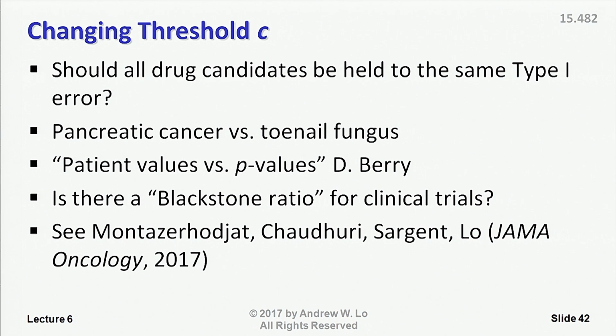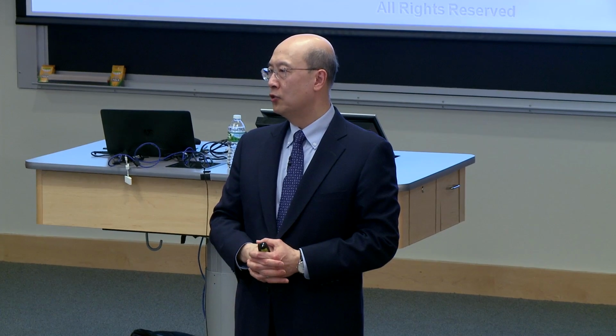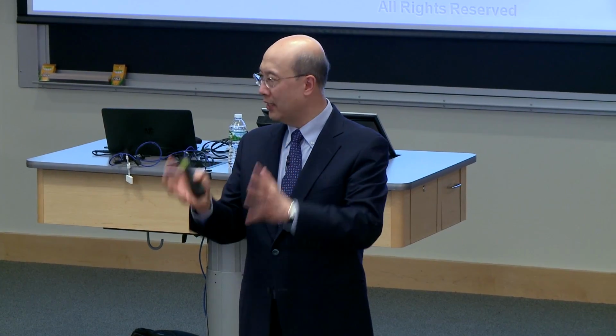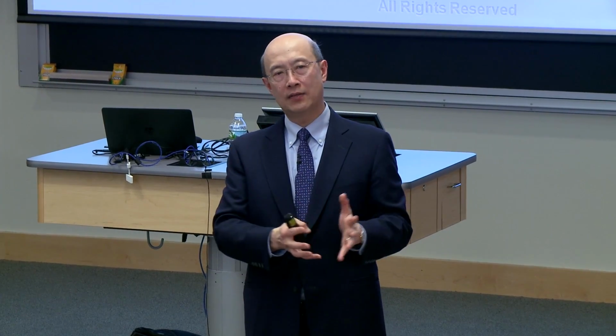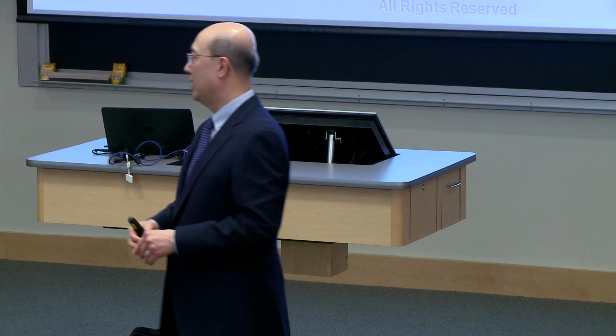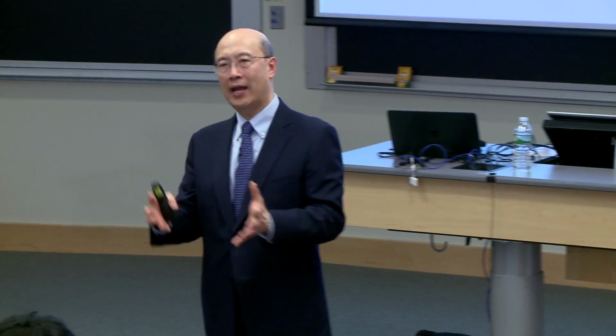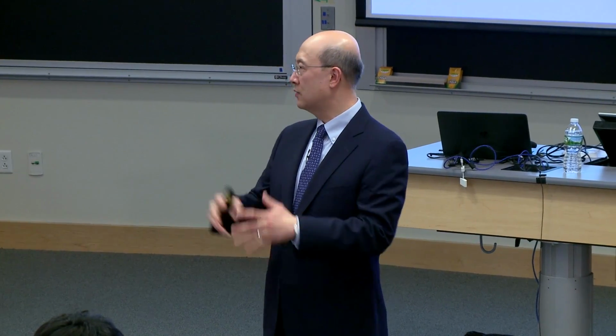But before I do that, I want to just give you the human element to this. Should we always be using 2.5% type 1 error? Should we be careful to think about the probability of false negatives? The example that I want to give you is to compare pancreatic cancer drugs with drugs for eliminating toenail fungus.